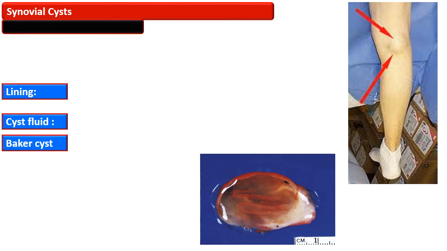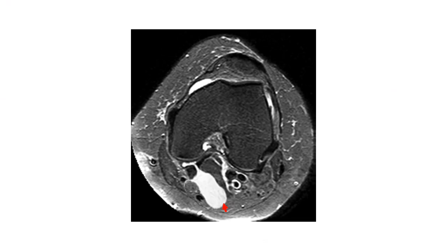The associated lesions of this Baker cyst are rheumatoid arthritis, degenerative joint disease, or Charcot joints. This is an MRI, and it is showing on sagittal section that there is a popliteal or Baker cyst, which is marked by this red arrow, and this is posterior to the medial condyle and represented as a collection of fluid.